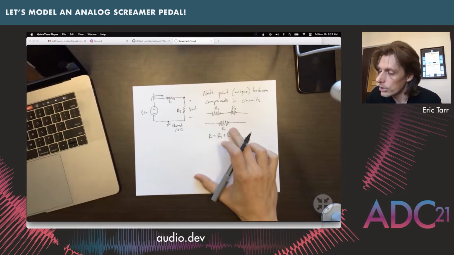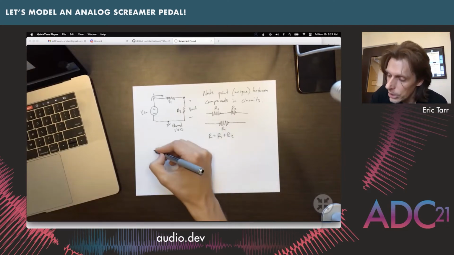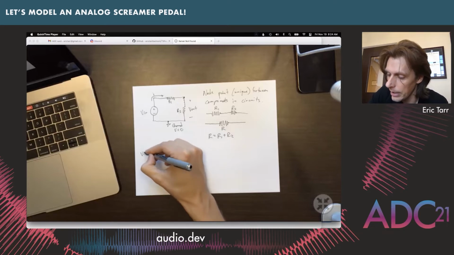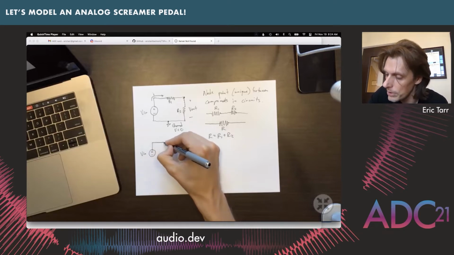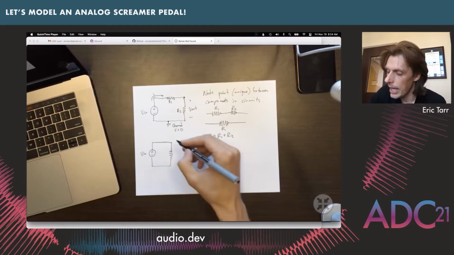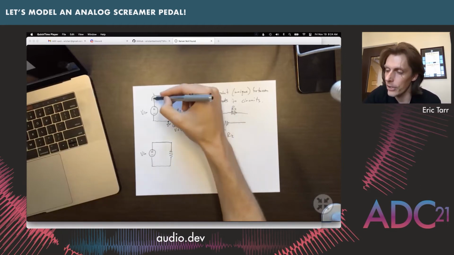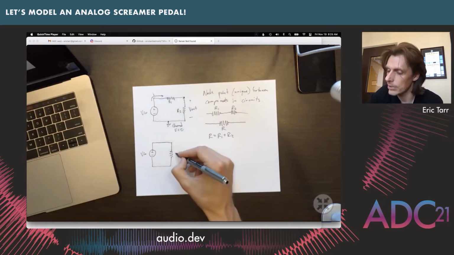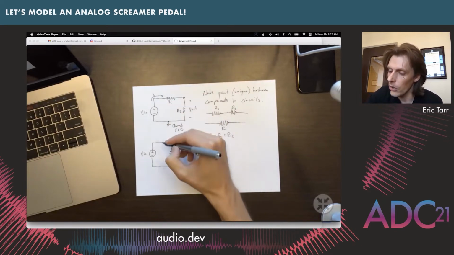Okay, so temporarily, let's use that to our advantage and write this circuit as the one we've seen before, with just a single resistor like this. This will allow us to figure out our current.